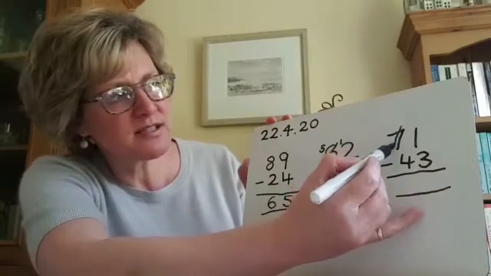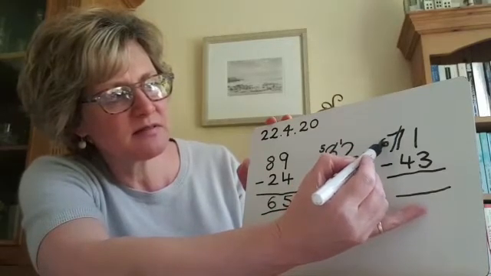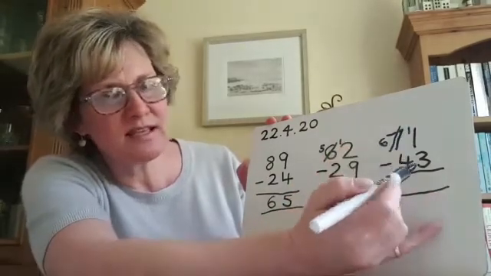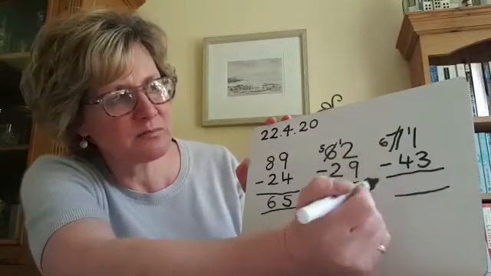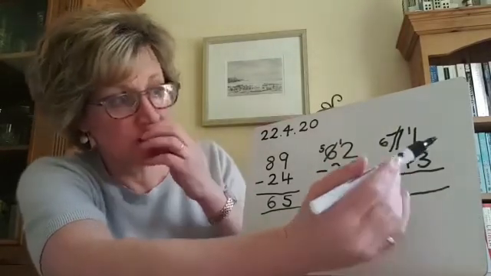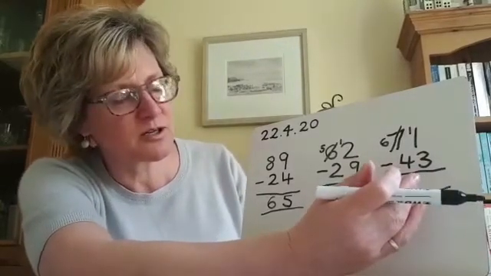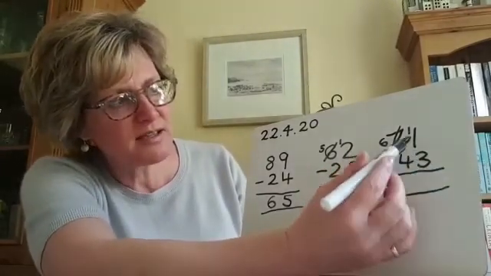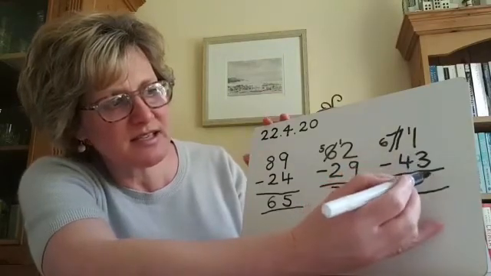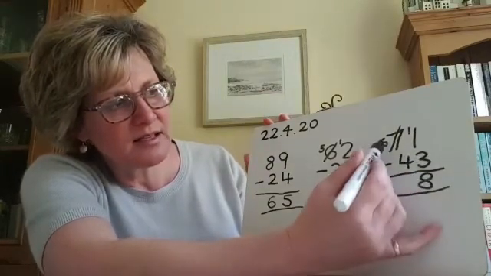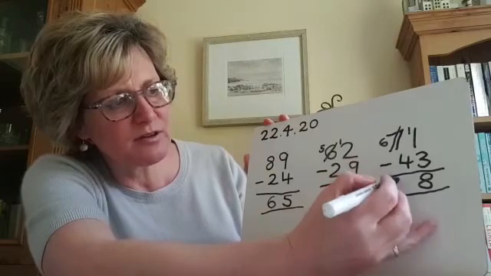So we cross out the 7, make it a 6, and put that 1 10 across into this column here. Remember, you always have to start in the ones column for this type of sum to work. So I can now say 11 subtract 3 is 8, and I can say 6 subtract 4 is 2.